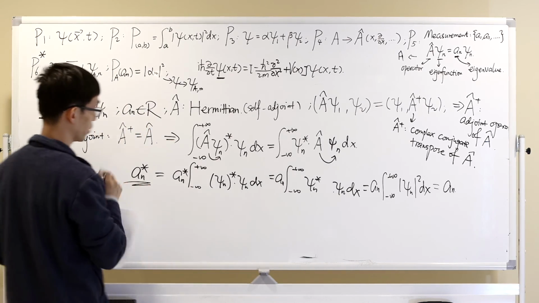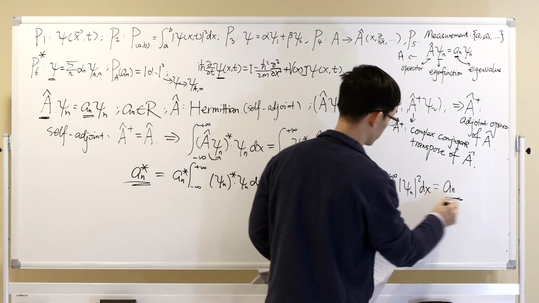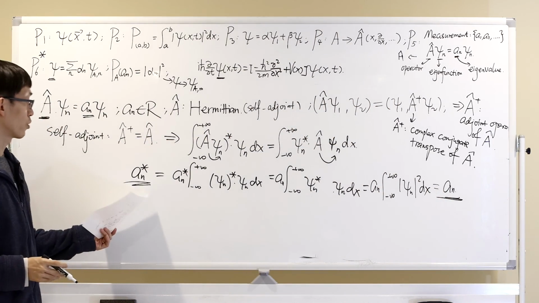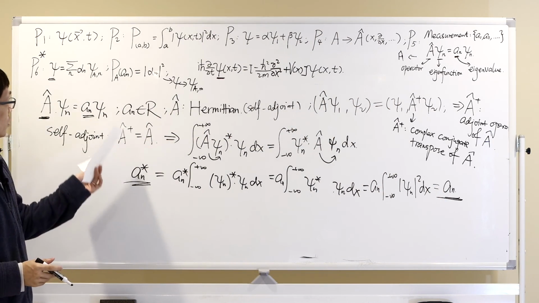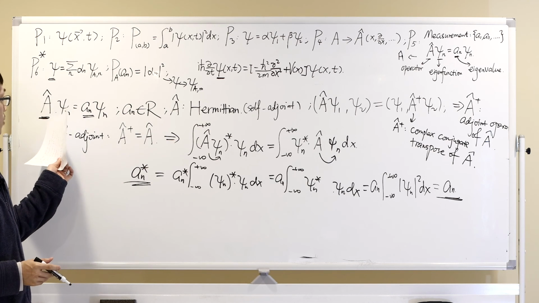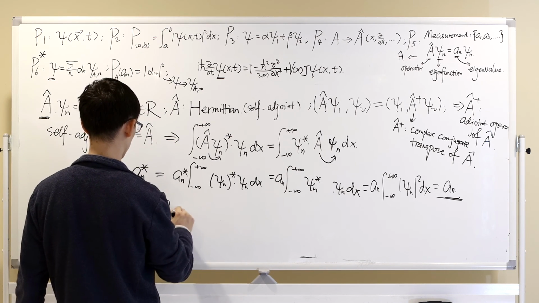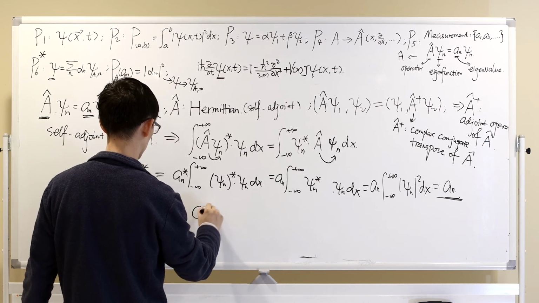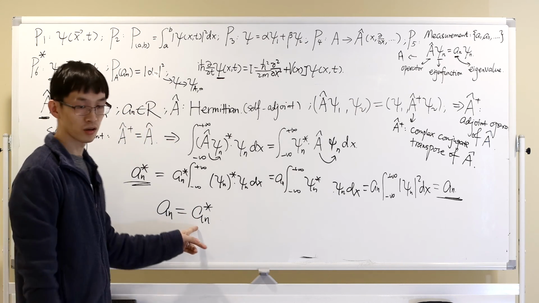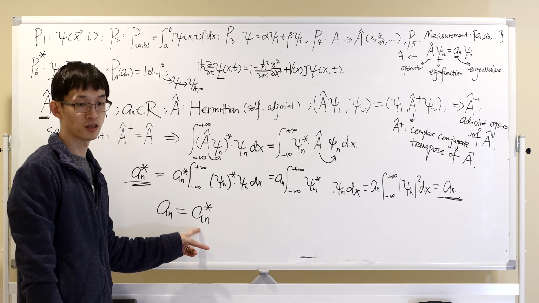So now you see that for a self-adjoint operator, you can easily derive that the eigenvalue of the self-adjoint operator is equal to its own complex conjugate.